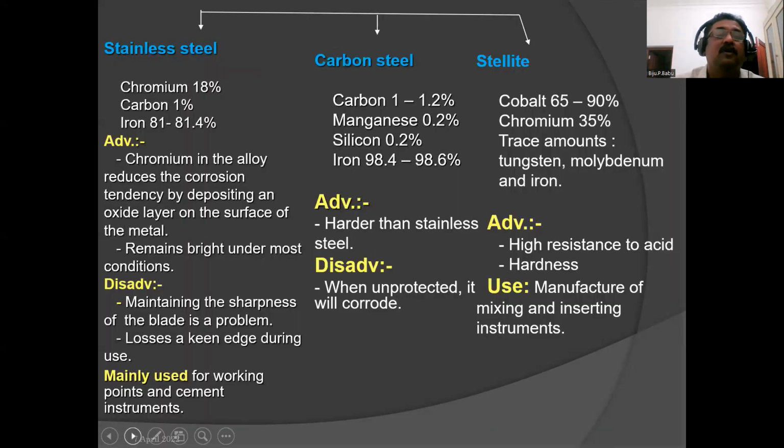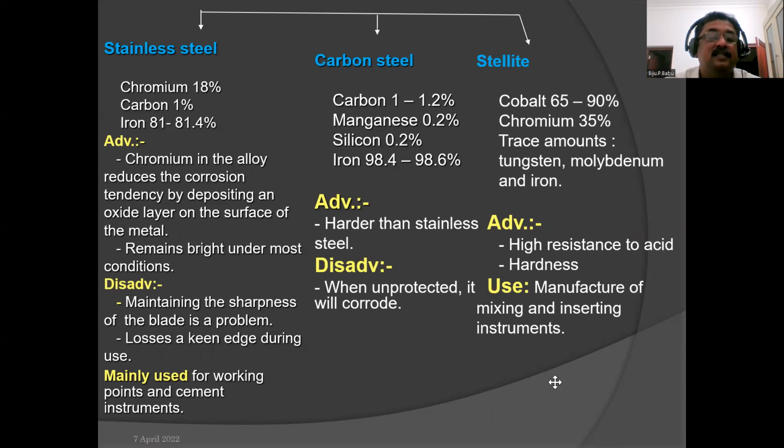Now, coming to what is a stainless steel instrument or what is a carbon steel instrument. Stainless steel instruments contain chromium 18%, carbon 1%, iron 81 to 81.4%. The advantage of stainless steel instruments is that the chromium in the alloy reduces corrosion tendency by depositing an oxide layer on the surface.